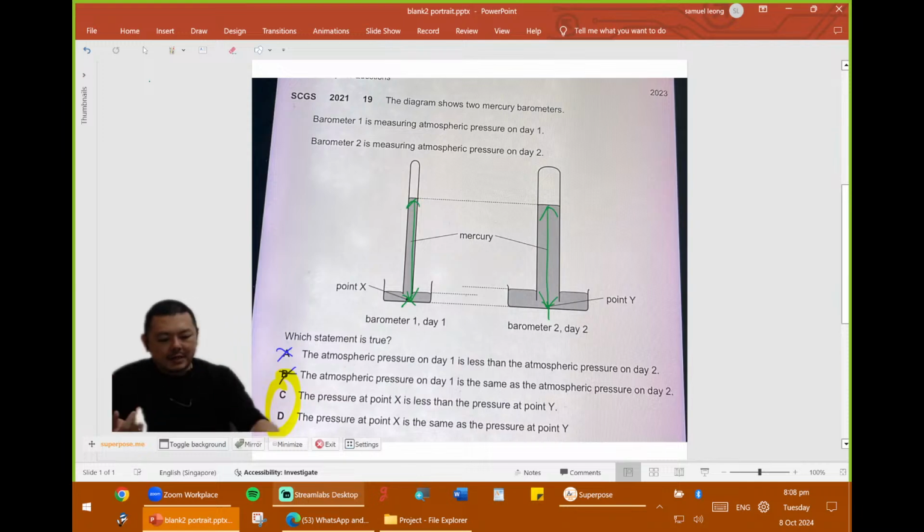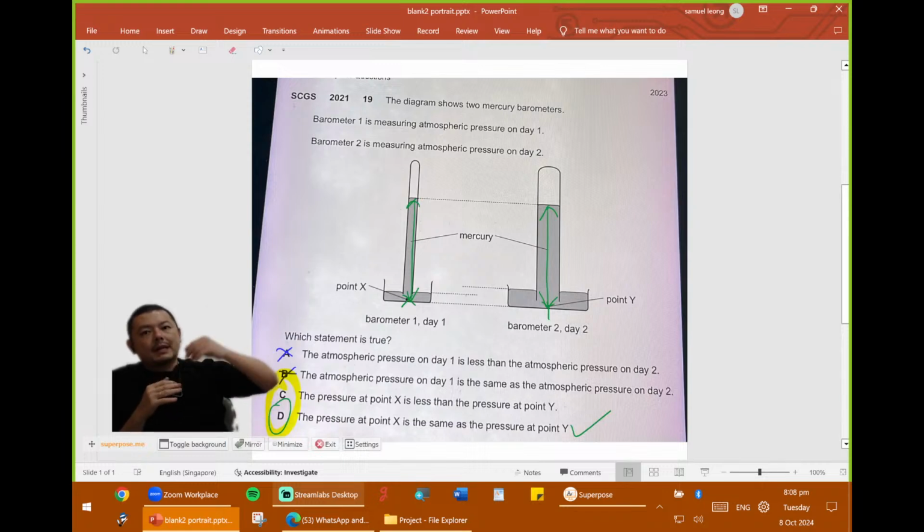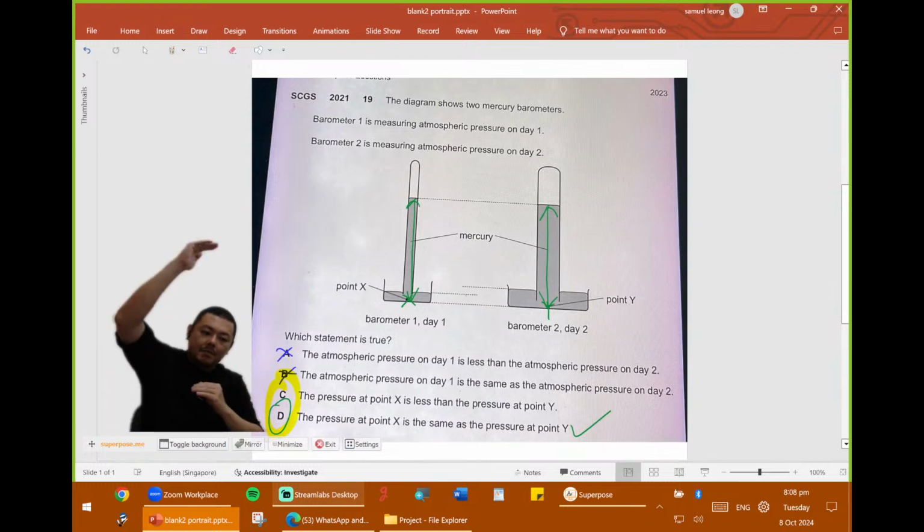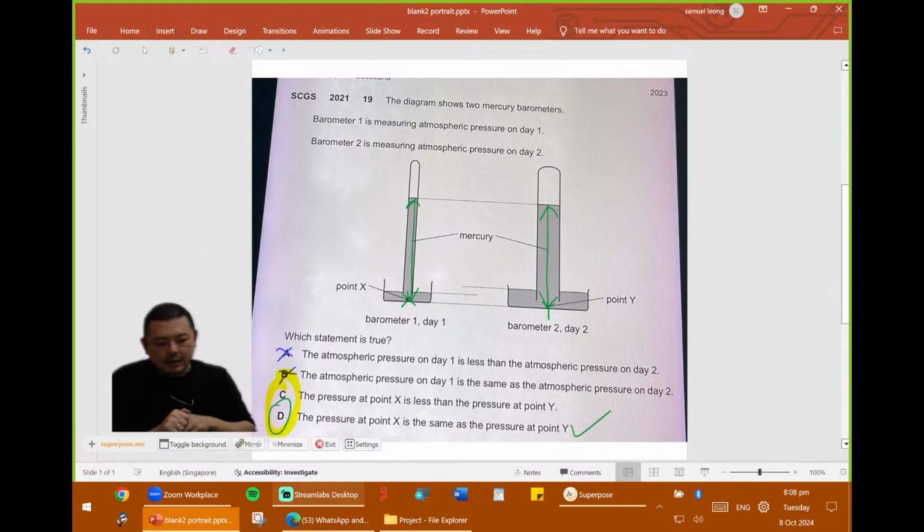So D is the answer. Always remember that pressure is caused by whatever's above. If you look at X and Y, do they have the same amount of mercury above them? They have the same height.